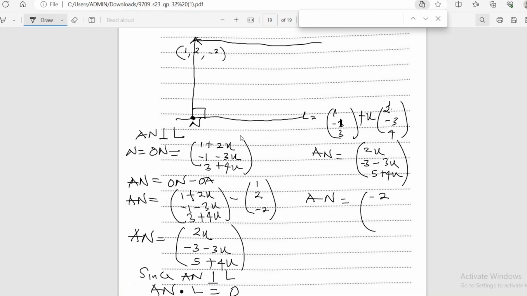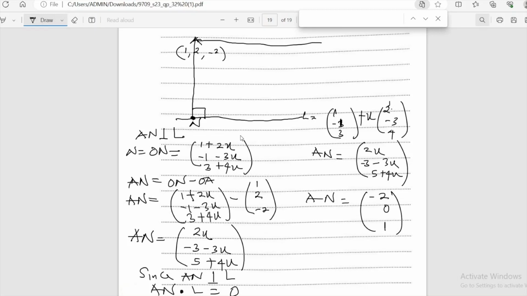Cross checking, minus 1 minus 2 is minus 3. This one should give us 0, and this should give us 1.